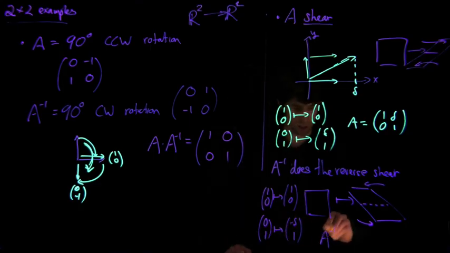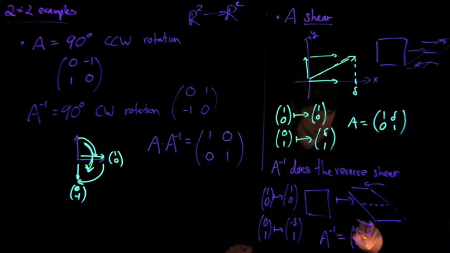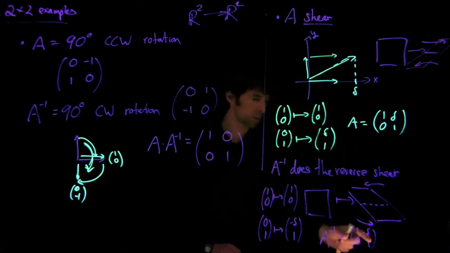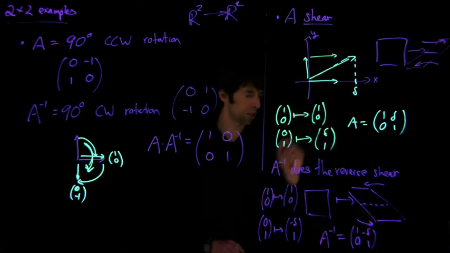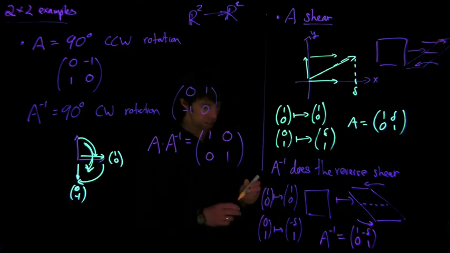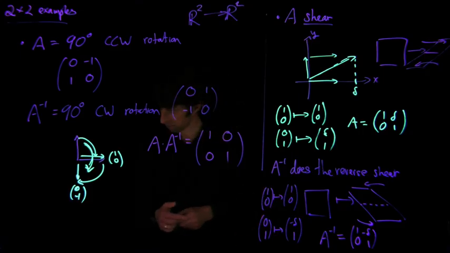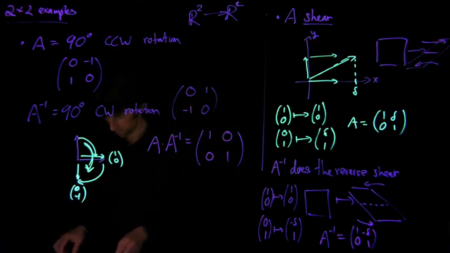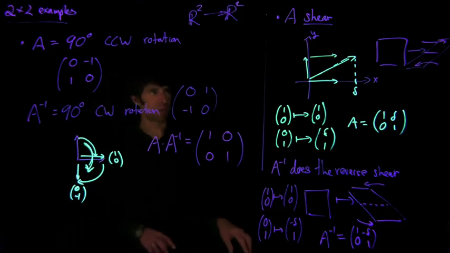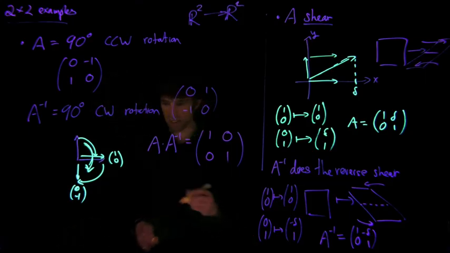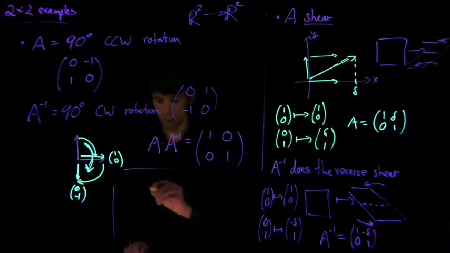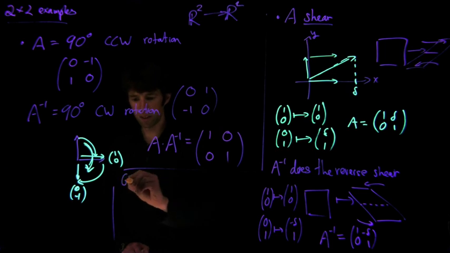And so the inverse transformation in this case is 1, 0, minus delta, 1. And if I multiply this matrix by this matrix, you can check, it'll work out. You get the identity matrix. OK, I've got enough space here to do the 2x2 general case.